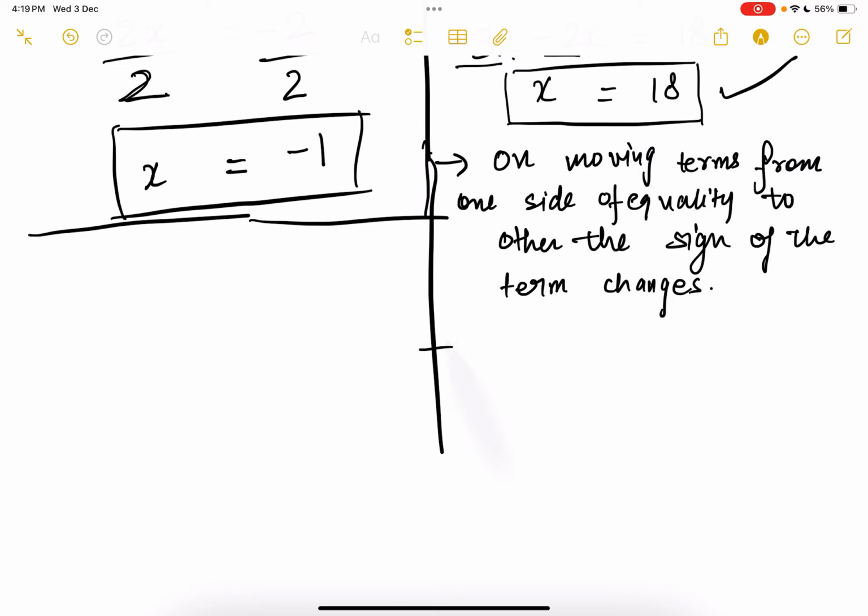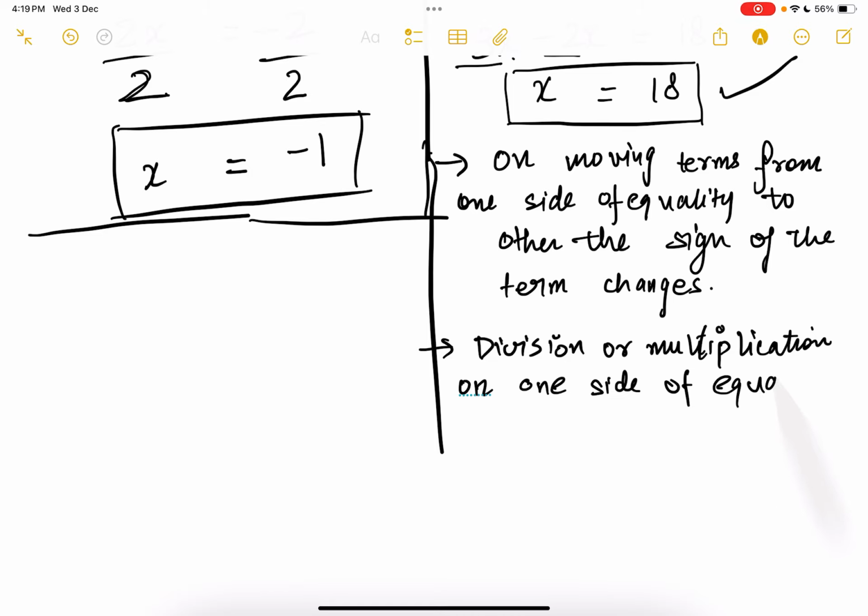One more thing I had to write, that division, even multiplication also, division or multiplication on one side of equality also means the same arithmetic operation on the other side.